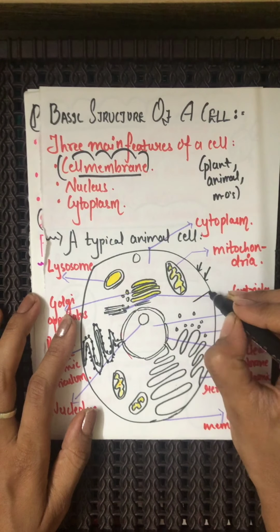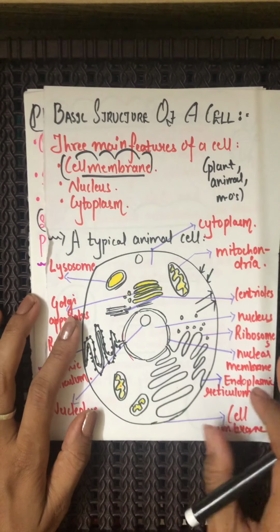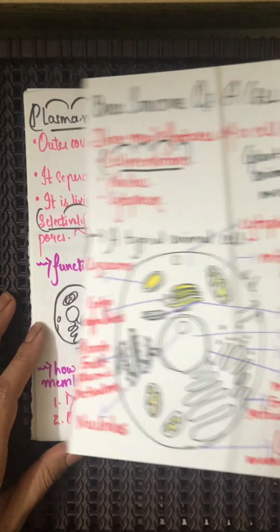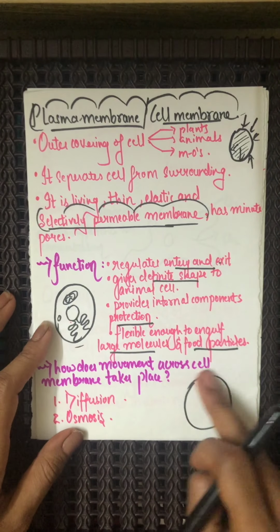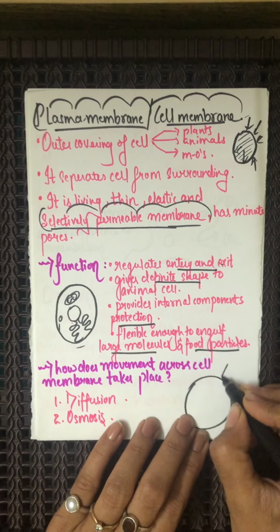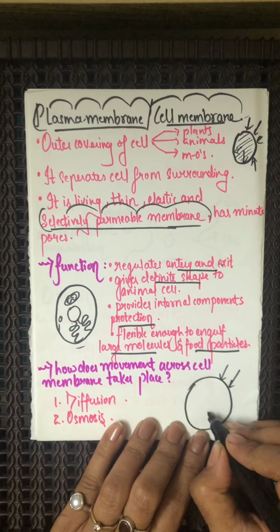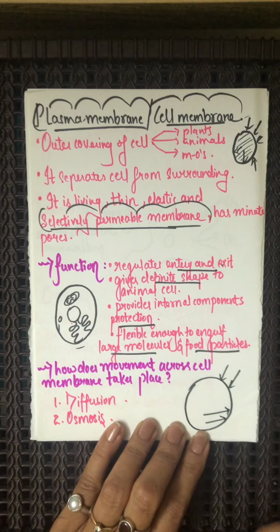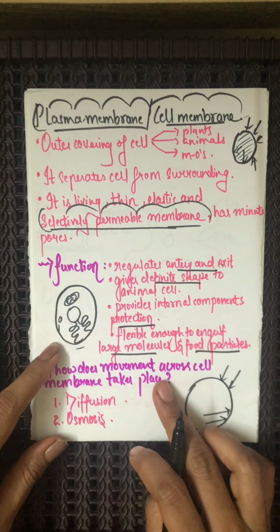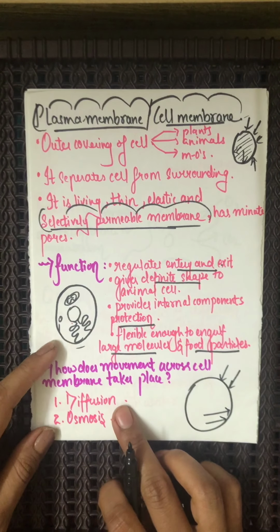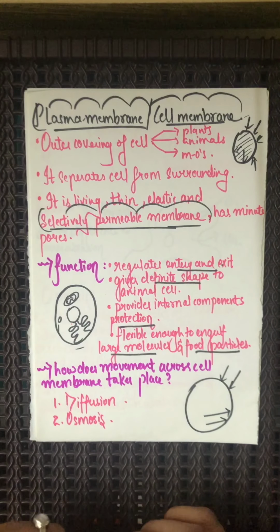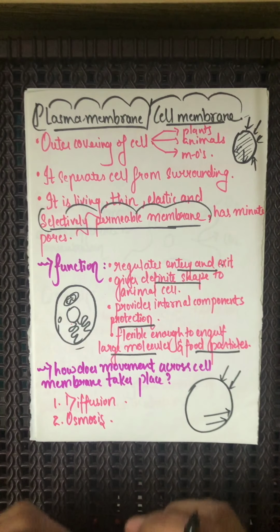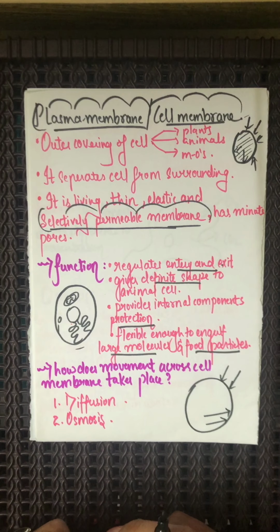How does it give out certain substances from its surface? Yes, so that is how the movement across the cell membrane occurs. How do certain substances get inside? How do certain substances get out of the cell? So that is by the process of diffusion and by the process of osmosis. By which two processes? That is diffusion and osmosis.